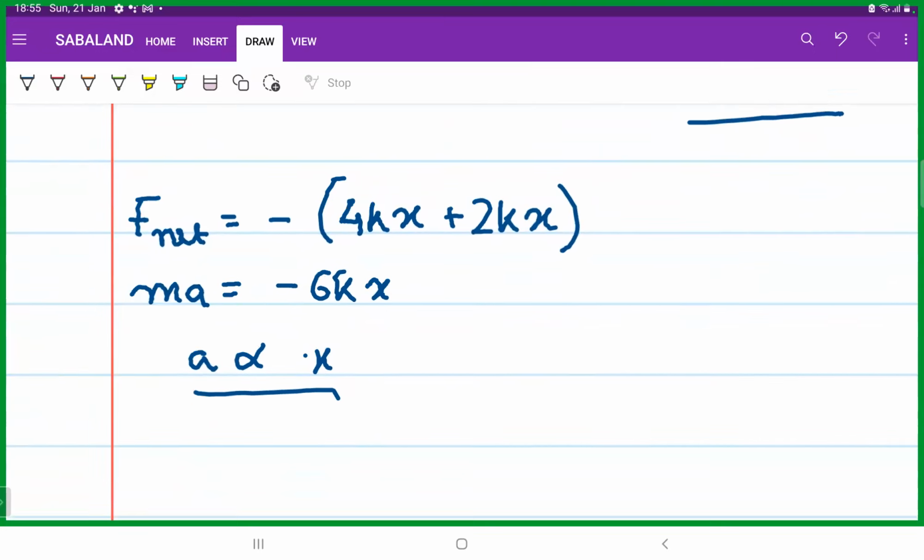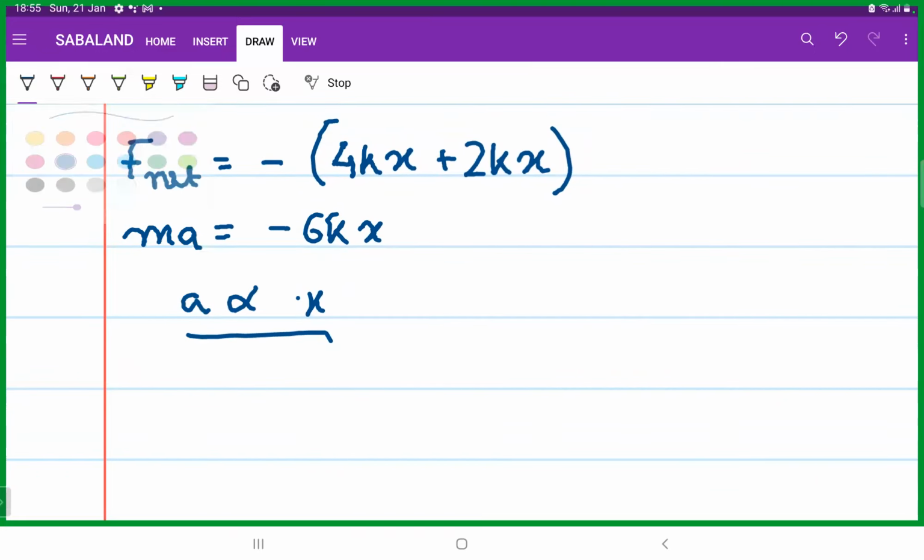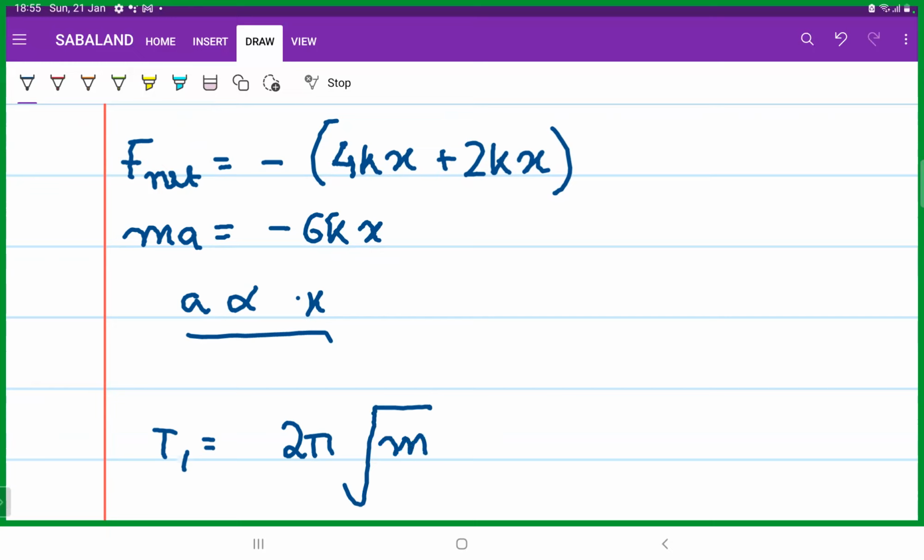So you can say that the time period T1 will be equal to 2 pi root m by 6k, right? This is the time period 1. Actually, it's not. There's a small error.